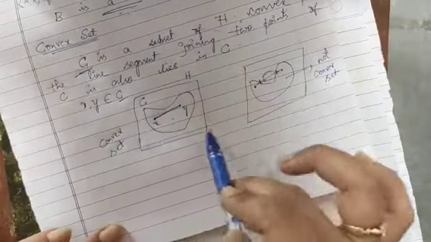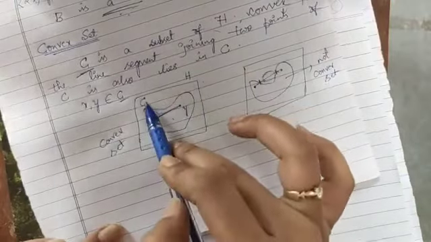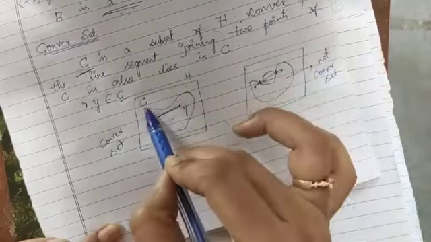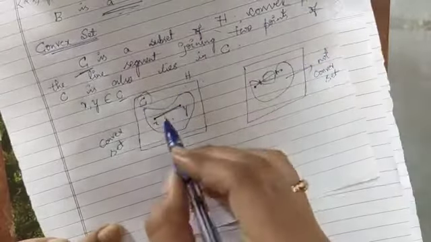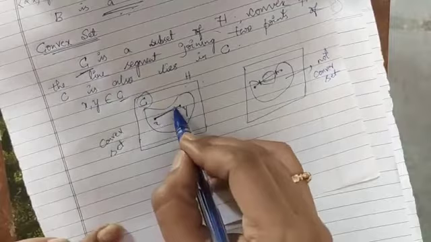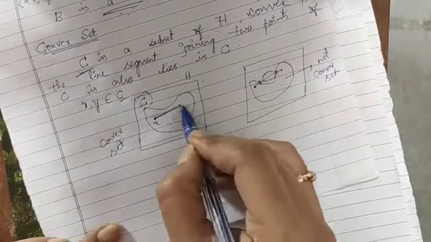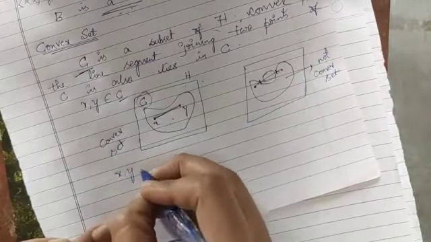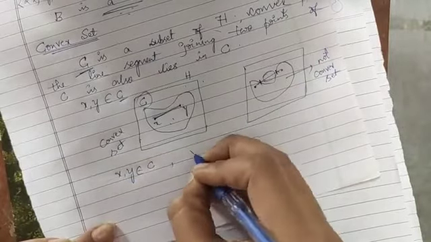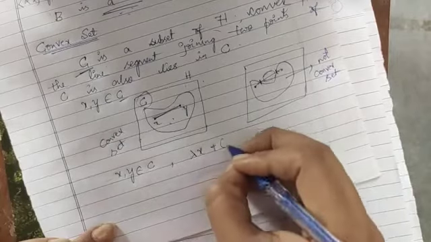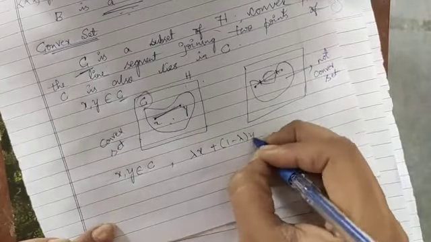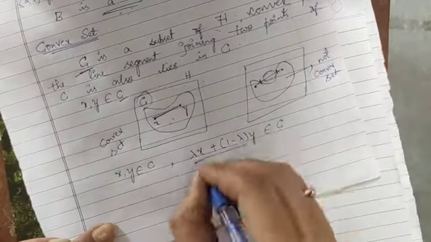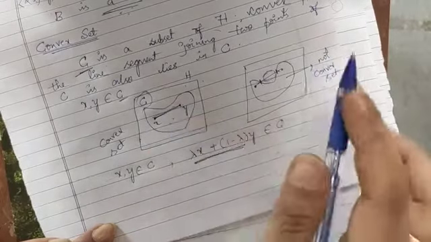I have considered Hilbert space H and this is some subset C in H. I will call this convex if and only if the line joining two points of C also lies in C. That is, if x comma y belongs to C, then lambda x plus 1 minus lambda into y should belong to C. This is from the line joining segment. We are considering the line joining segment, right?